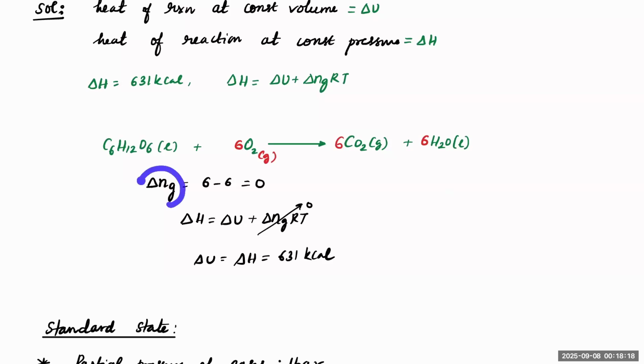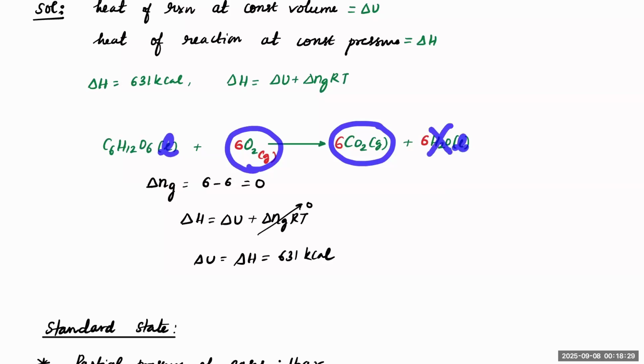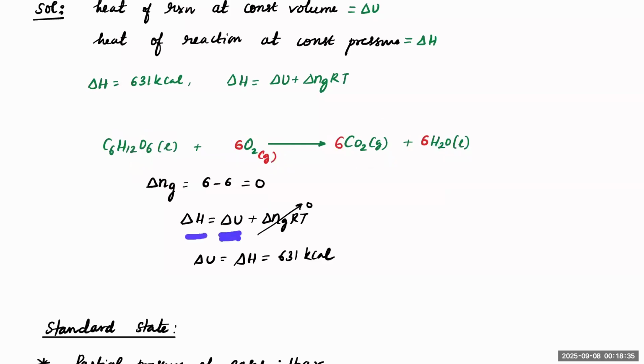Delta ng in this case is 6 moles of product minus reactant number of moles. See, this is liquid, this is liquid, so you don't have to worry about these two terms. So 6 minus 6 is 0. So delta H is equal to delta U, which is equal to 631 kilocalories. Clear?